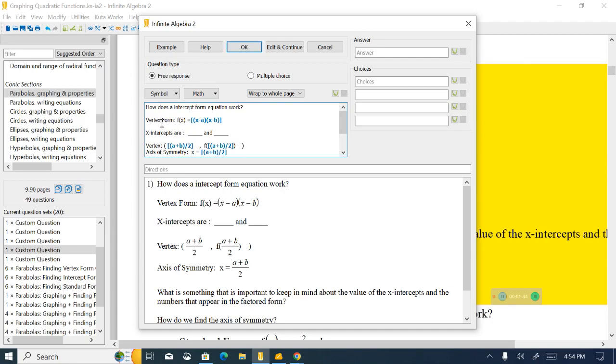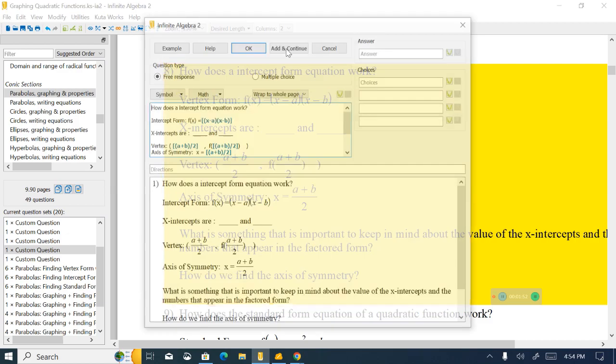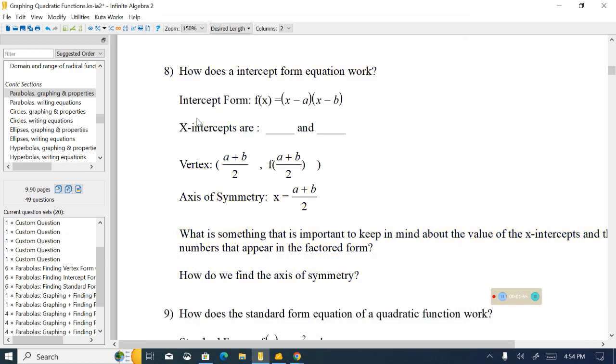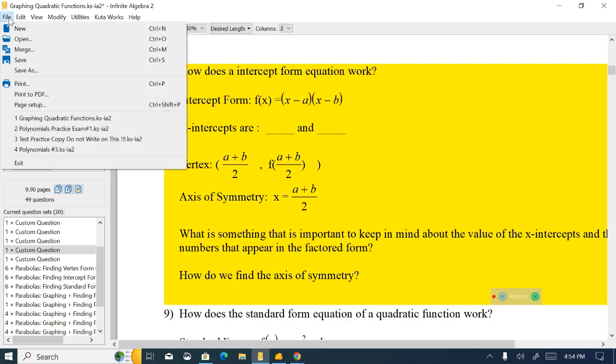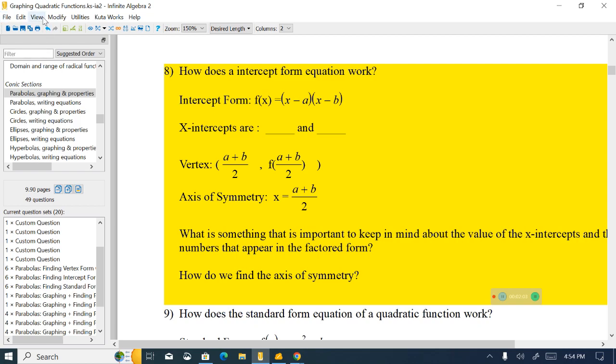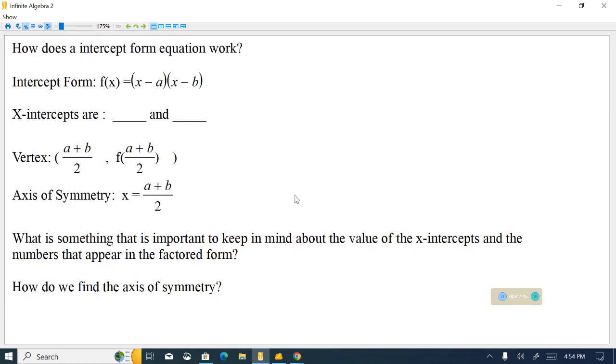This form is intercept form, and we also call it factored form. So now we could jump in and do this with everything labeled right, and when I attach this file, it'll be the correct file. Let me just save that. So now we'll take a look at the way that this works.